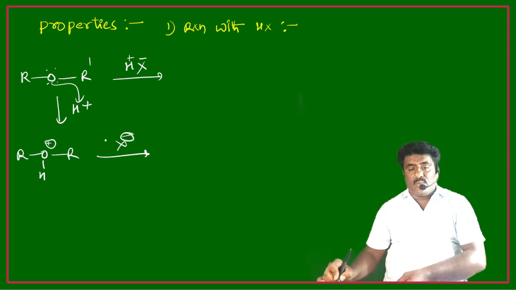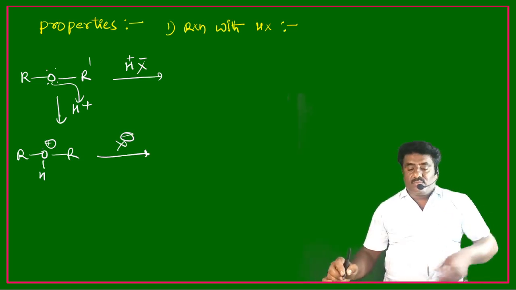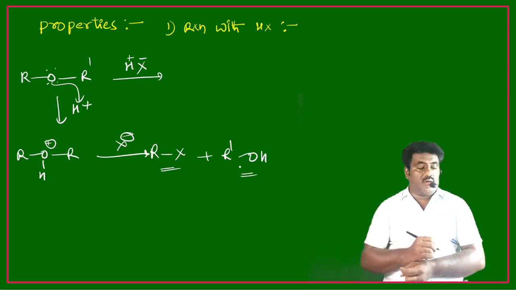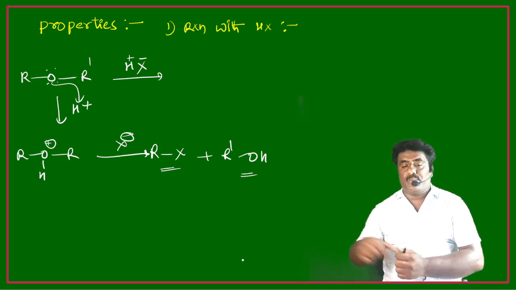Then X minus attacks to form an alkyl halide along with the alcohol.